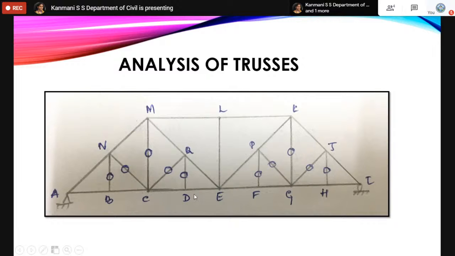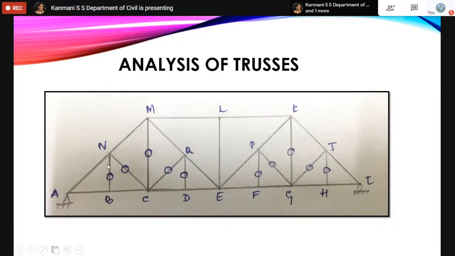So again, in all these four joints, B, D, F, H, since we have two collinear forces, the other member will take 0 force. Again, I'll move on to joint N now, where in joint N, leaving this NB force, we have three members, out of which two are collinear, hence the third one is 0. The same thing happens in Q, P, and J also, wherein two members are collinear, the third member will become 0.